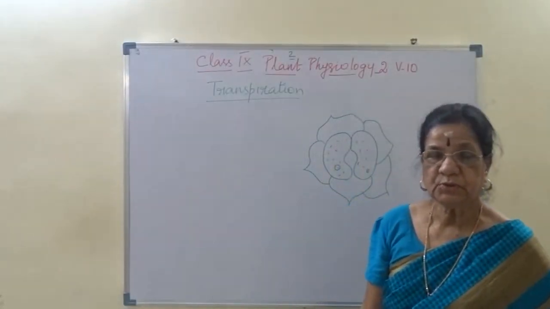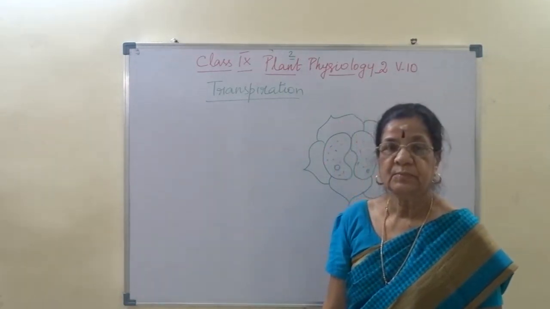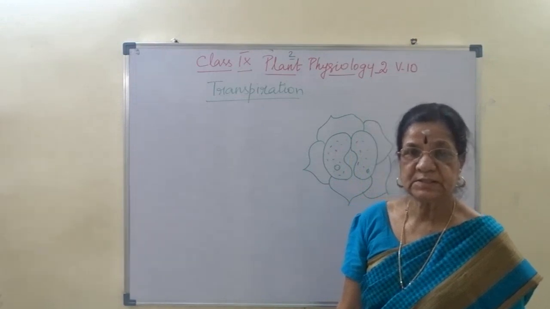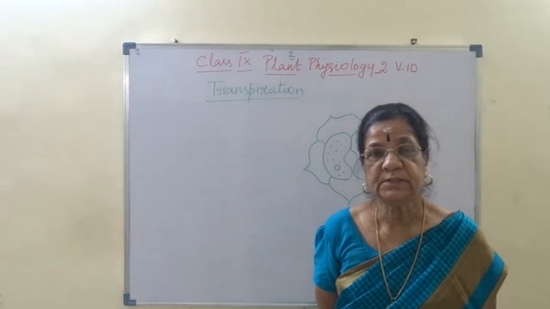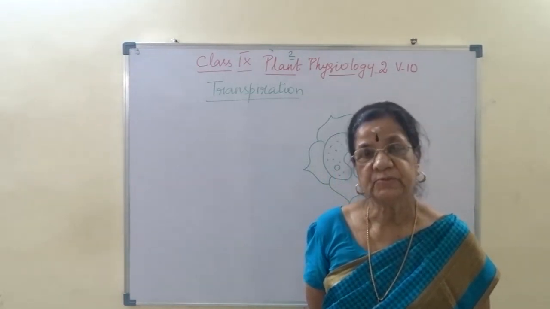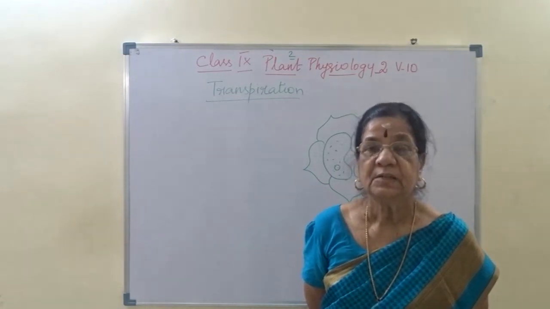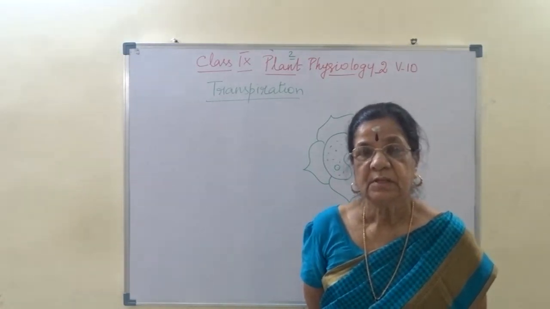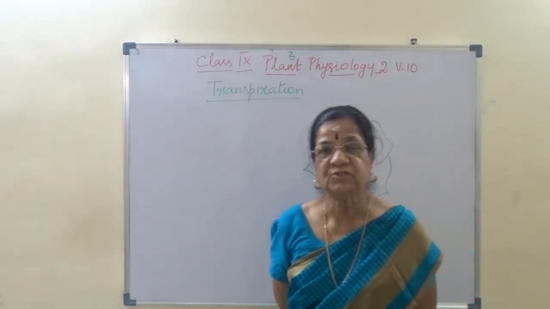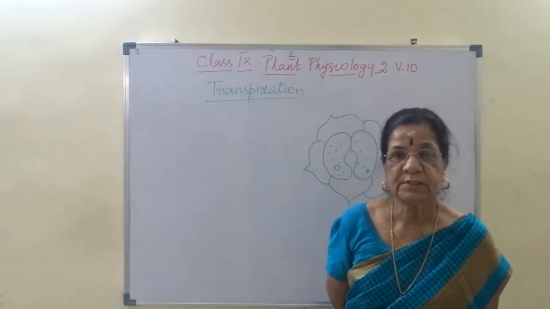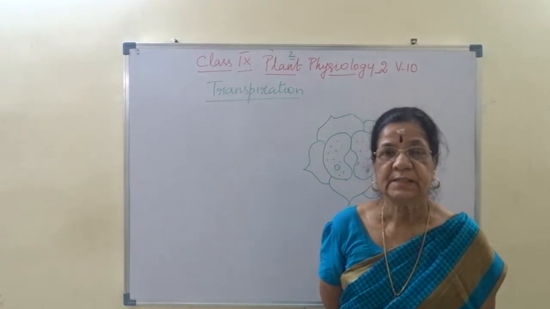Next to photosynthesis, we are going to learn transpiration. What is transpiration? Just now I said it is the evaporation of excess water from the green leaves. What is this excess water? When we water the plant, not all the water is utilized for photosynthesis by the green leaves.